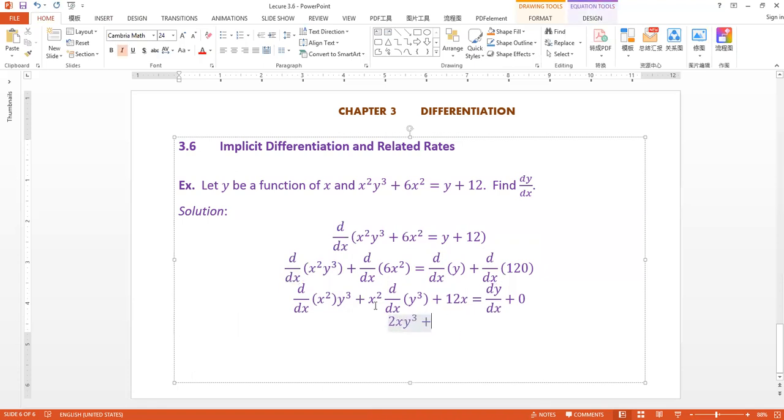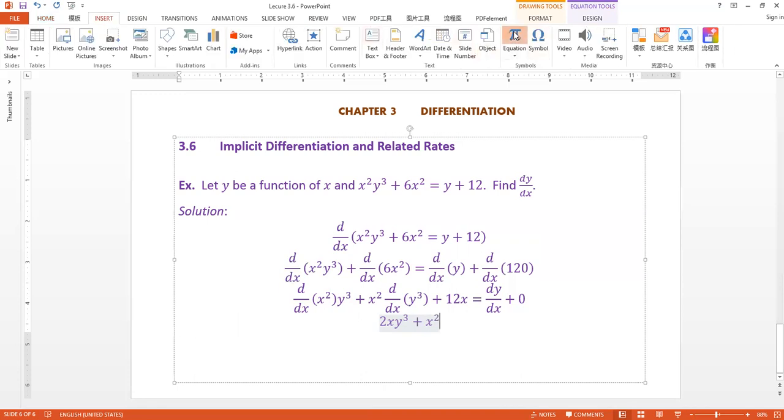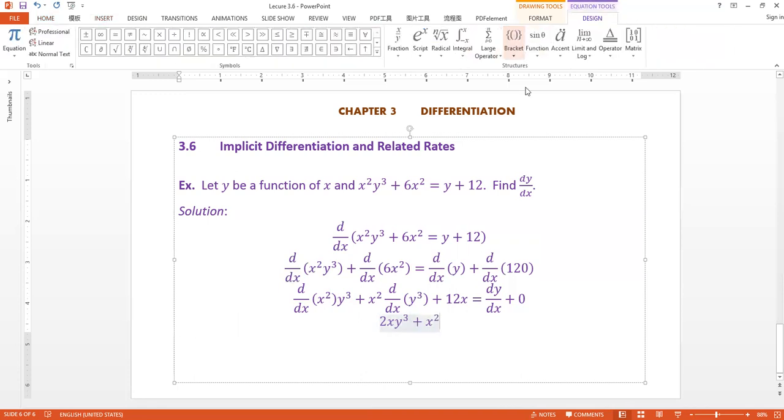And then we got x squared times the derivative of y cubed with respect to x. This is a term that we have to pay special attention to. y cubed is a power function, so we use the power rule. Let me use parentheses here to make it neat.